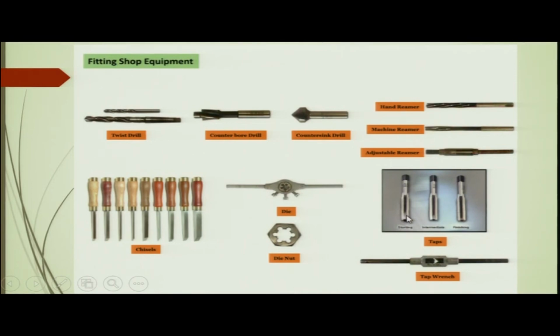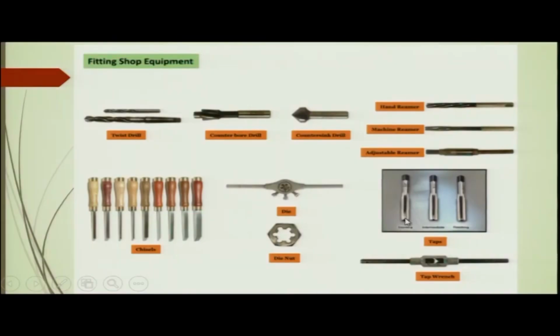Now, the tapping, as I said, is done to make the internal thread. First you drill the hole, then you ream the hole to remove the burrs and to make the surface finish better. Then you use the starting tap. The starting tap is for making the thread in a roughing process, where the surface finish is not very good. Then you use an intermediate one, so you are increasing the internal diameter of the thread a little more.